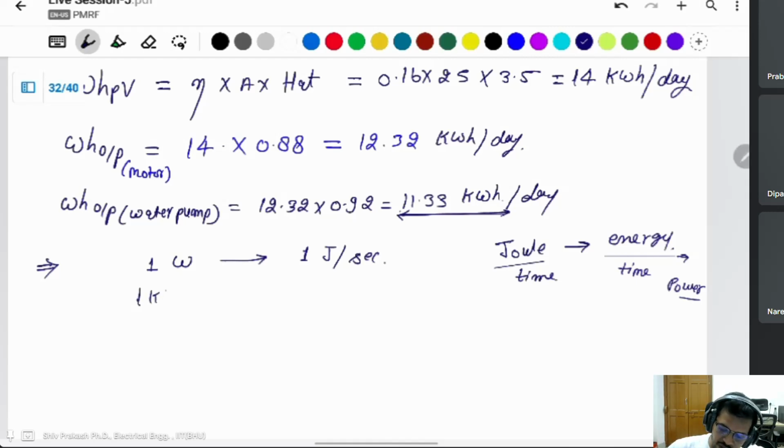1 kilowatt, same thing, 1 kilojoule per second. Same multiplication.